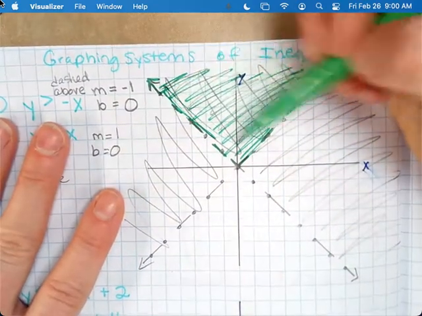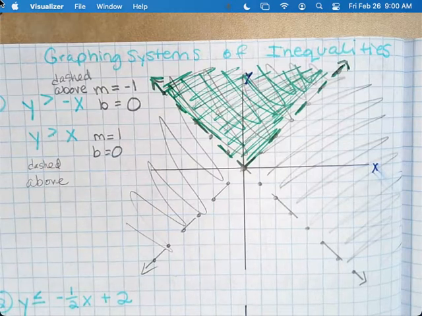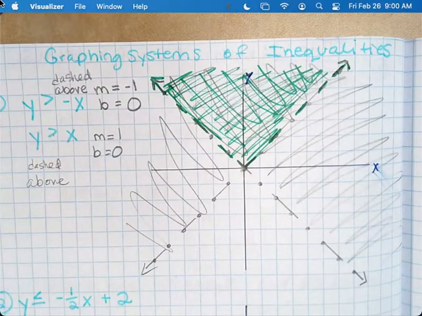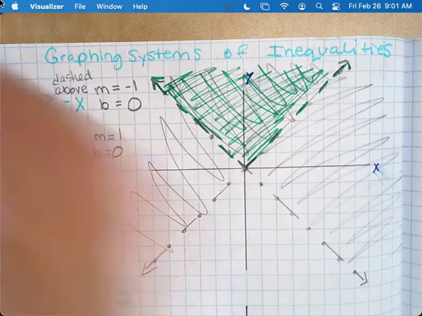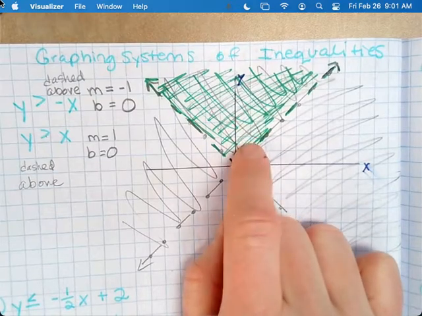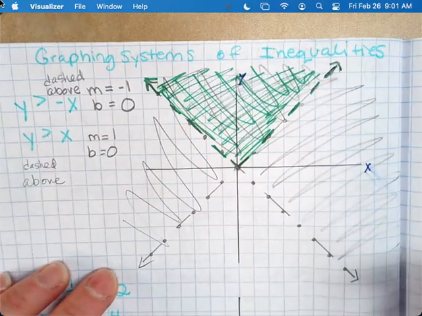Just so you know, this is the double shaded area. That is the solution set. So this is called your solution set. It's where it's double shaded.